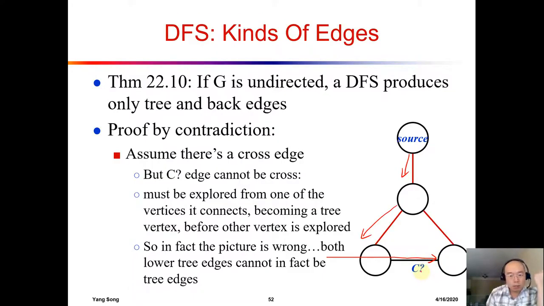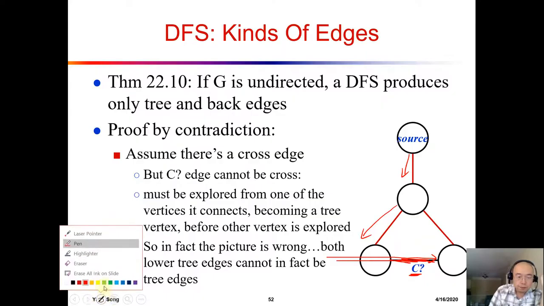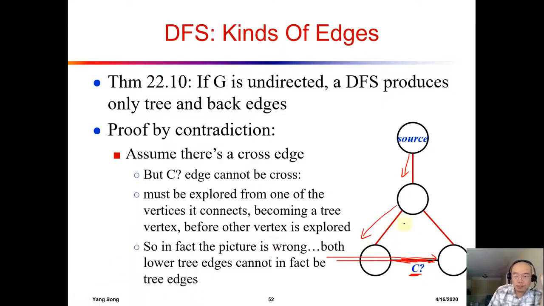So what does this mean? We were arguing that this is a cross edge, but we are wrong because this edge, instead of being black, should be red. And for this edge, we argued it can be black or red, but that's wrong.